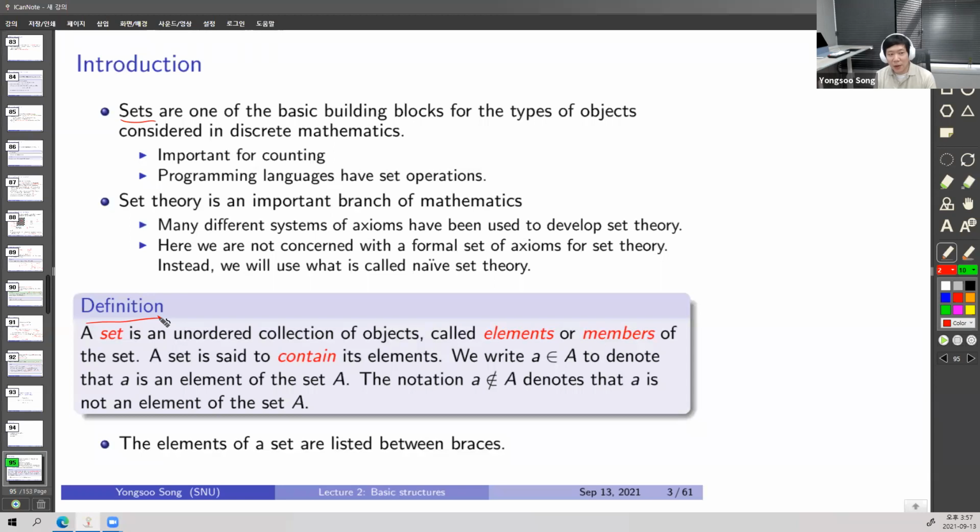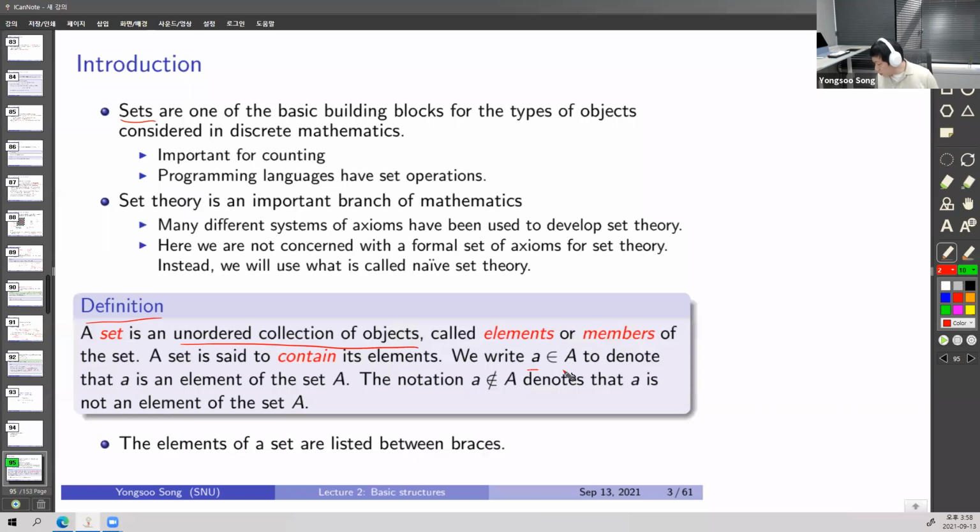I believe now mathematicians have a more well-defined notion of sets or other related objects. But here I would simply say a set is an unordered collection of objects, and these objects are called elements or members of the set. But in fact, this is not the exact definition of a set. So again, I'll ignore this part.